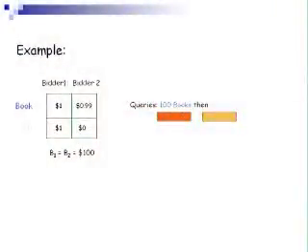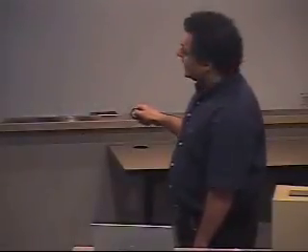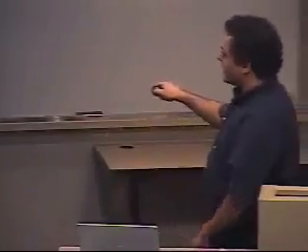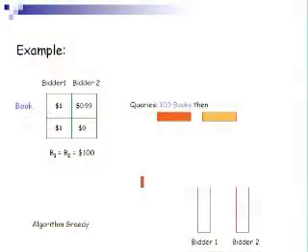So suppose there are two bidders here, bidder 1 and 2, and bidder 1 has bid $1 for every book query that he gets and $1 for every CD query that he gets. And bidder 2 has bid 99 cents for book queries and is not interested in CD queries. Okay, and suppose that today 100 book queries are going to come first, and then 100 CD queries are going to come. So let's see what happens if we run the greedy algorithm.